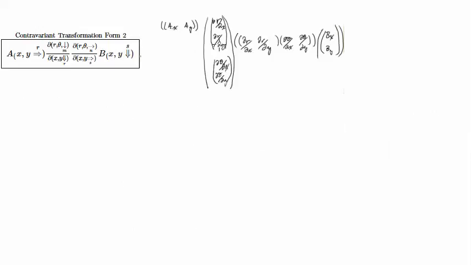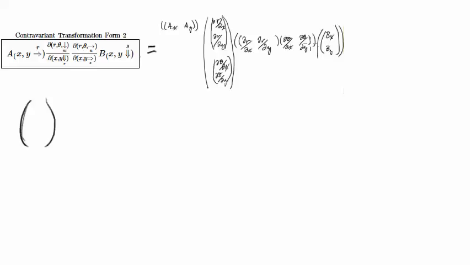Now I think I have a couple of different options for doing this one. I think I could take a sub x times del r del x plus a sub y del r del y, and then a sub x del theta del x, a sub y del theta del y to give a 2 by 1.